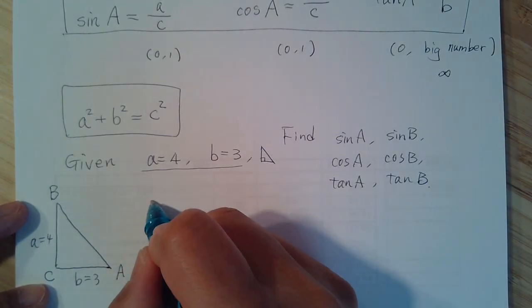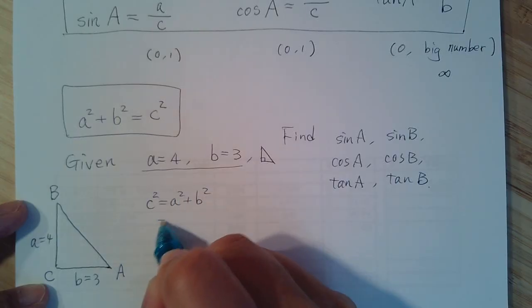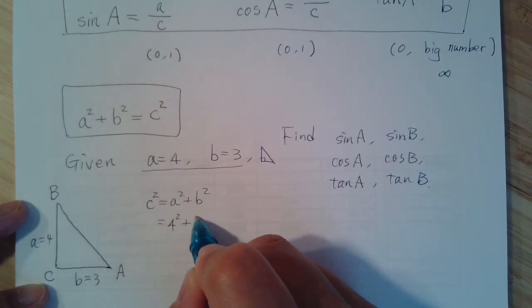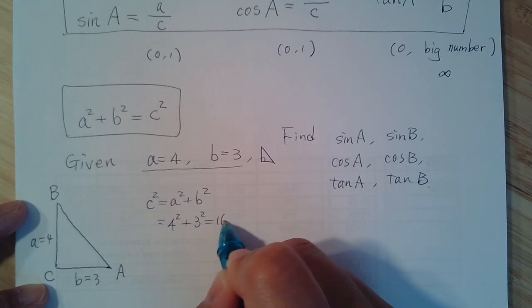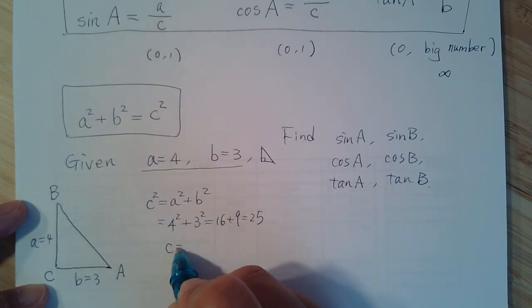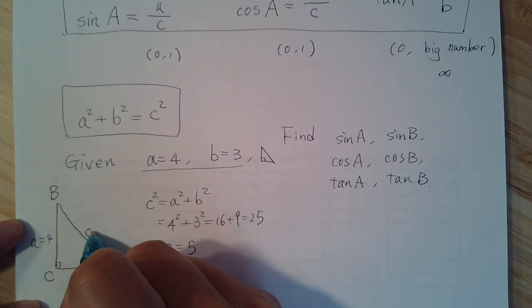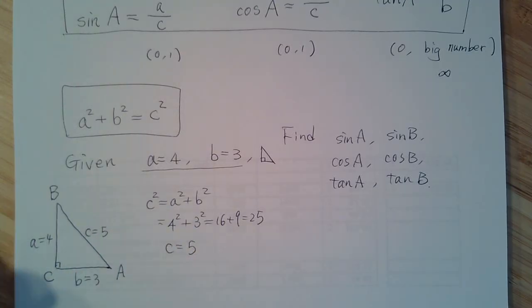Yep, because C squared should be A squared plus B squared, which is 4 squared plus 3 squared, that's 16 plus 9, 25. Therefore, my C should be 5. So you know there's a 3, 4, 5 form, a very good, beautiful right triangle. So here, I'm going to write C equals 5.